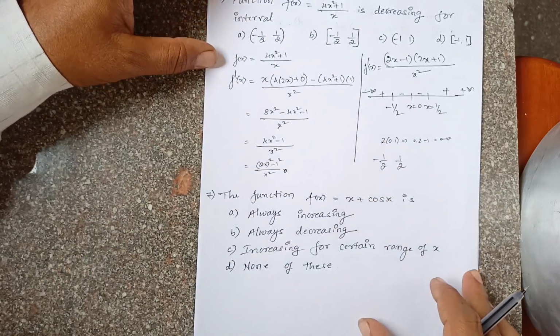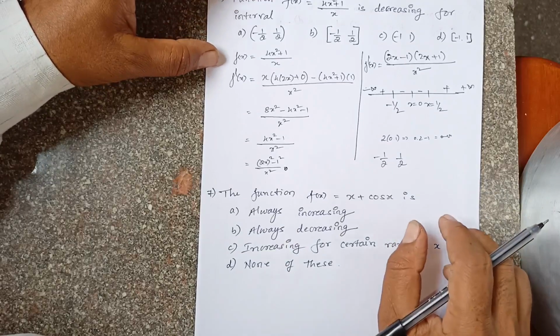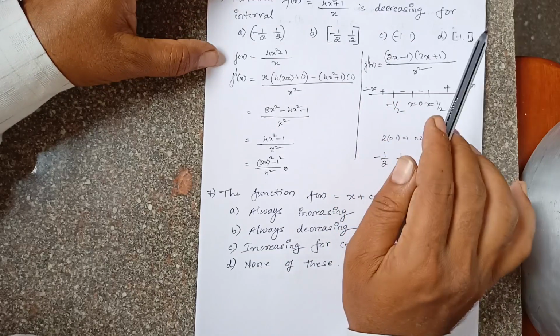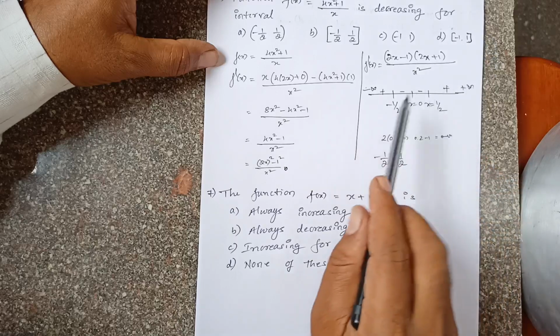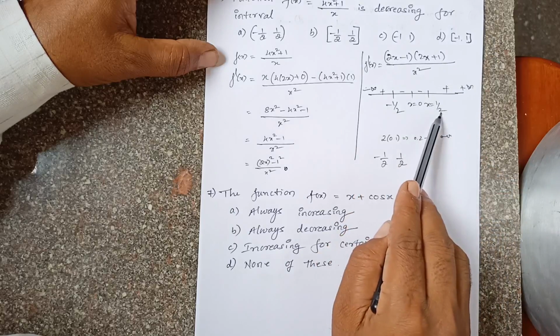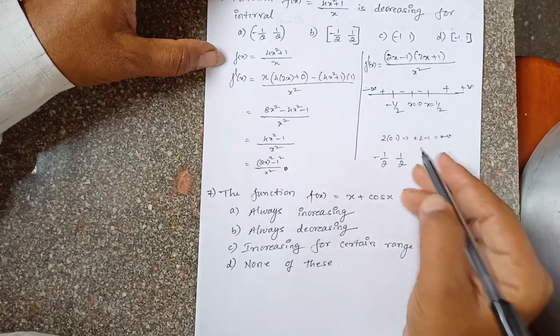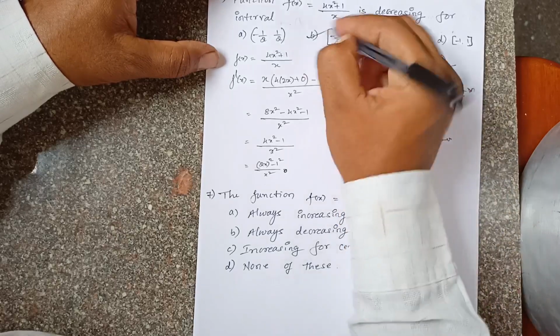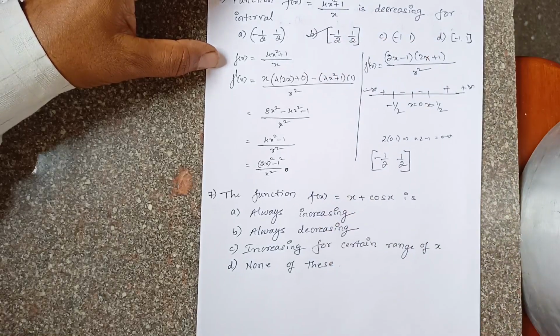Now the case is whether to put the open interval or closed interval. Simply decreasing is given, so f dash of x can be 0 also. f dash of x is 0 at the points minus 1 by 2 and plus 1 by 2, so I have to include those points. Minus 1 by 2 to plus 1 by 2. So option B is correct.